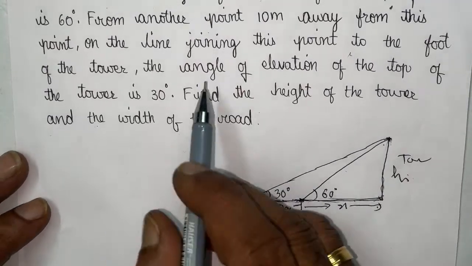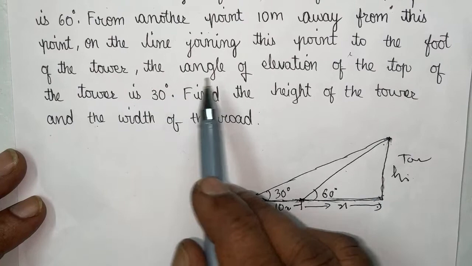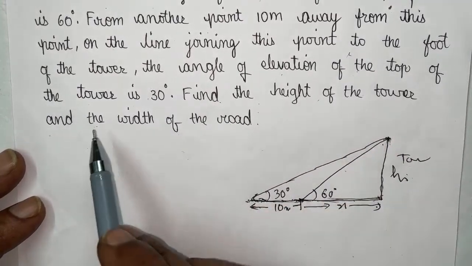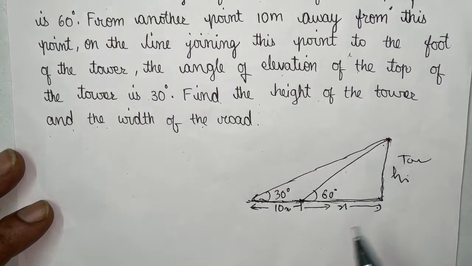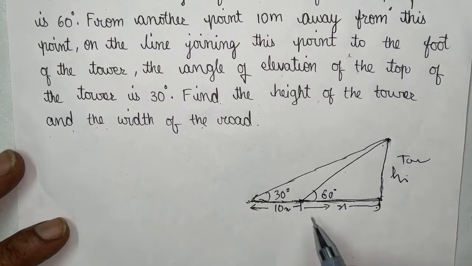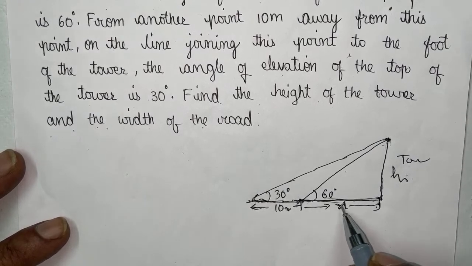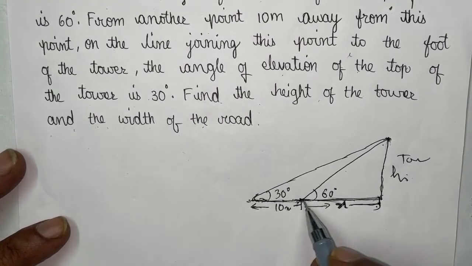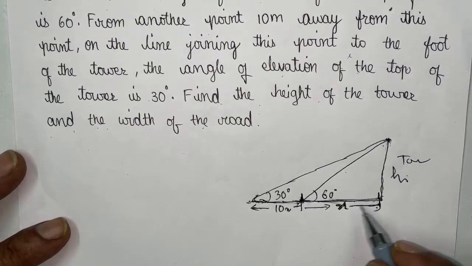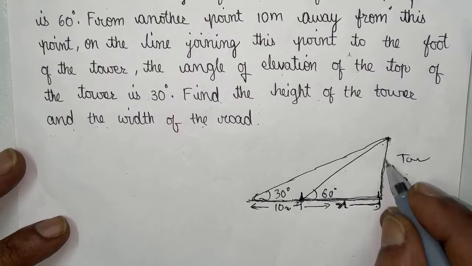Finally, what is the question here? The angle of elevation of the top of the tower is 60 degrees, and we have to find the height of the tower and the width of the road. I kept the width of the road as x, from here to here. That means this point to this point is the width of the road. This is the tower.